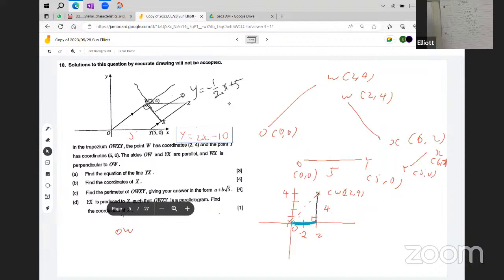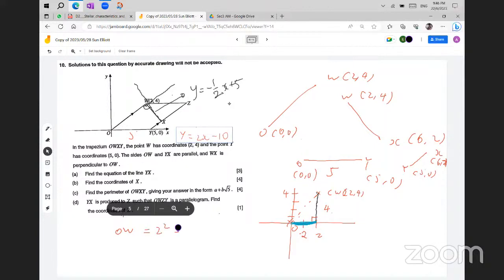Okay, what do we do now? OW equals to 2 square plus 4 square. So are you missing something? Is this the Pythagoras theorem? What is the Pythagoras theorem in alphabets?